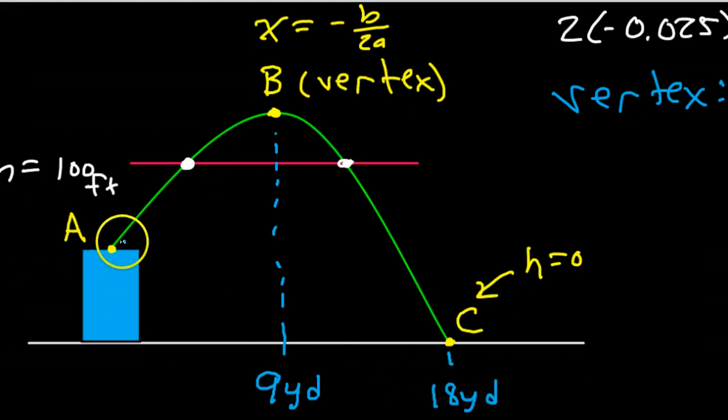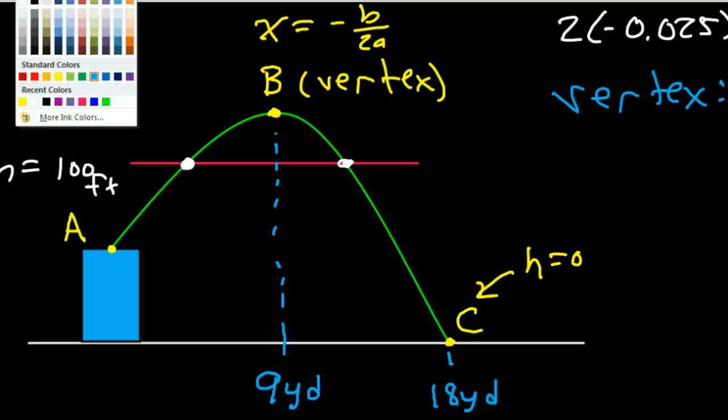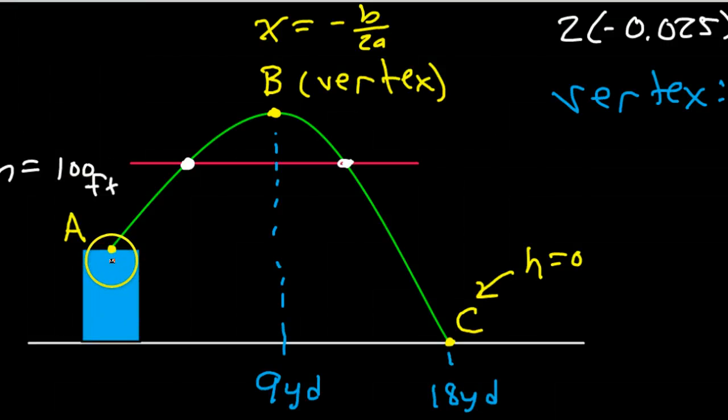Not exactly, because we're not starting from 0, right? This rectangle represents the height of the quarterback, or if I was more specific, the height of the quarterback's hand when he throws the ball.